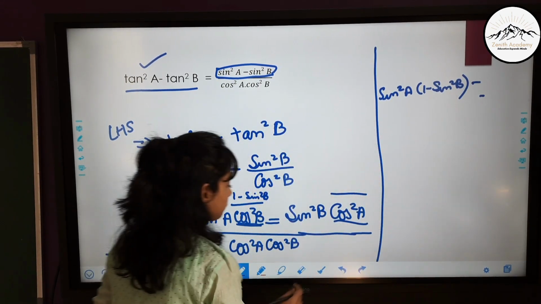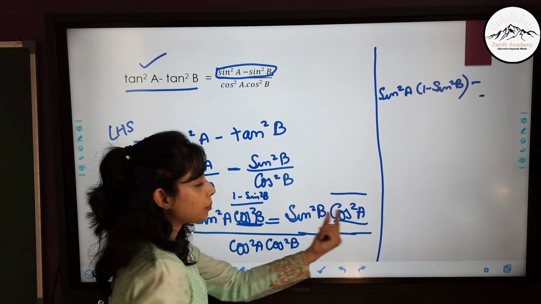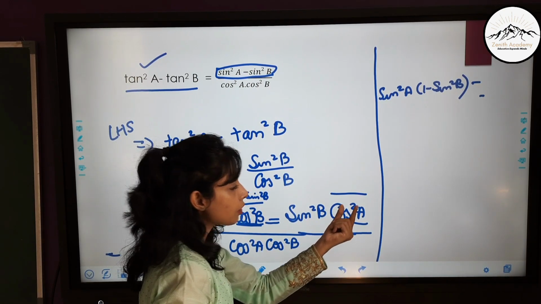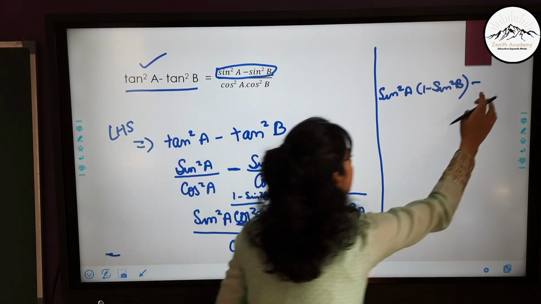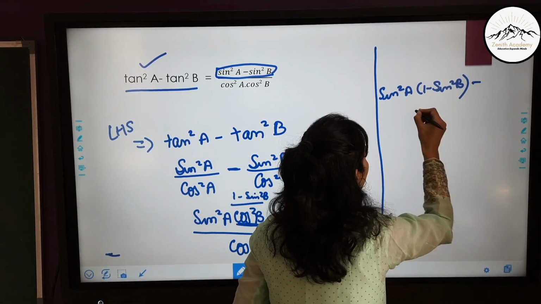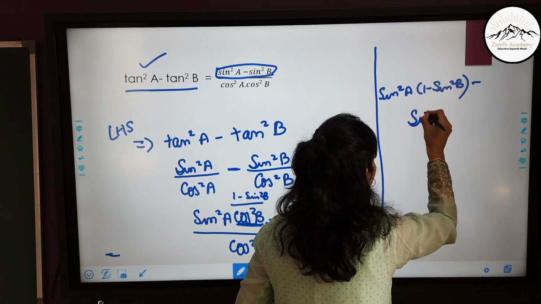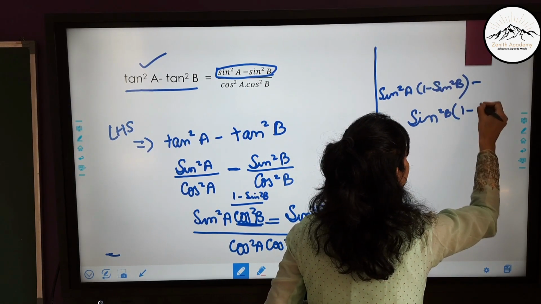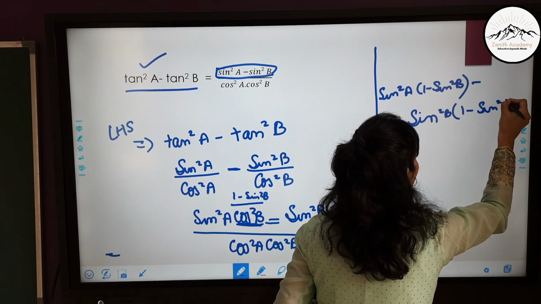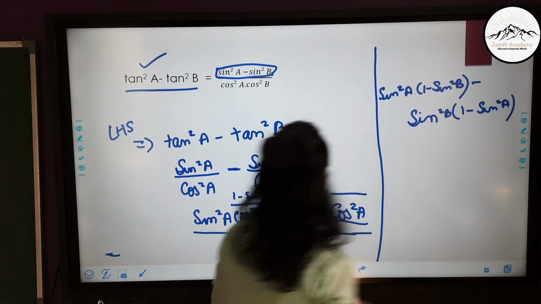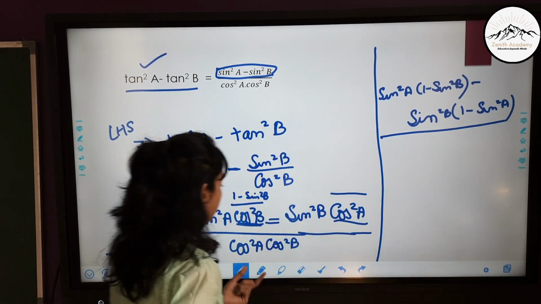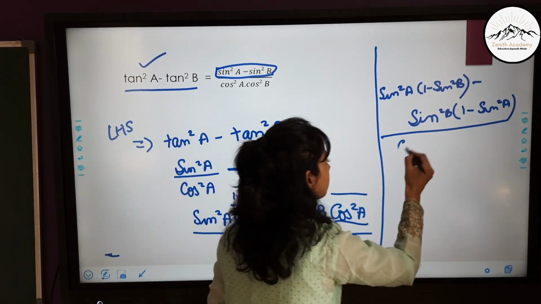So minus sine square B into cos square A, which we write as 1 minus sine square A. This is whole upon cos square A into cos square B.